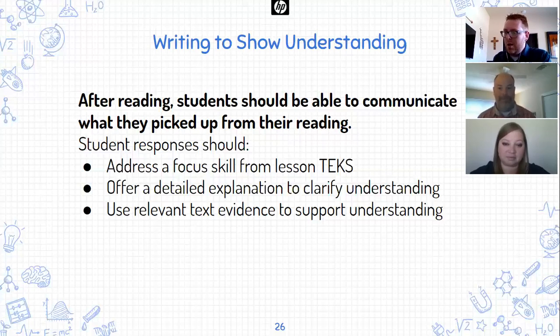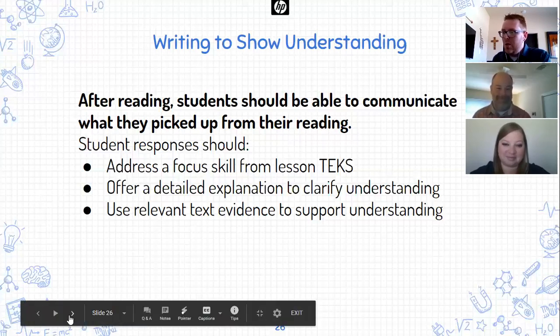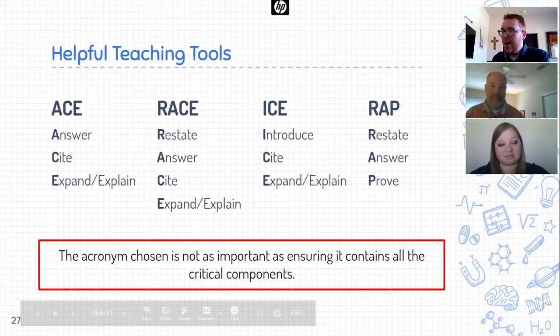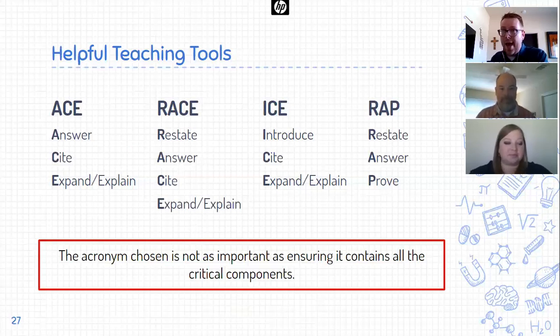So as we look at this, here are a few strategies that have been popular in the past. You may have a strategy for student response that you cling to that works really well for your kids. It may be one of these. So just a couple of things: ACE, RACE, ICE, and RAP.